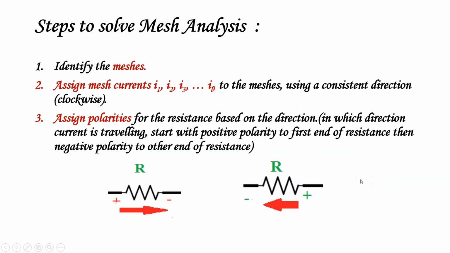Now, before solving the problem, we will see the steps to solve mesh analysis. First, when a problem is given, we have to see how many meshes there are, that is, identify the meshes. Second step, we have to assign the mesh currents. If there are three meshes, you will have I1, I2, I3. We have to assume the direction, and here we will always follow the clockwise direction.